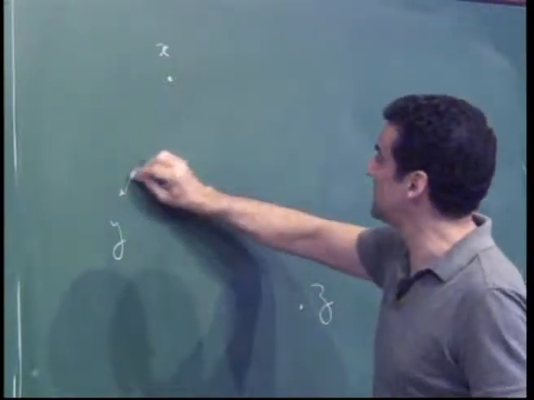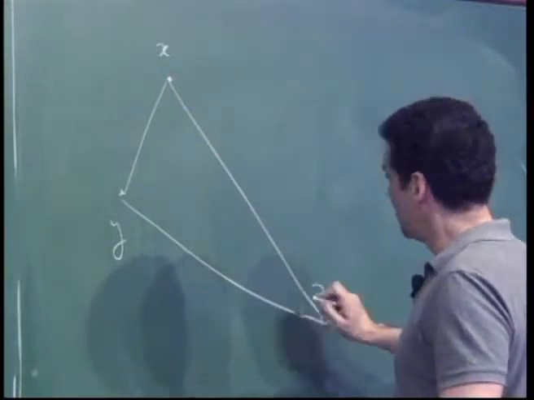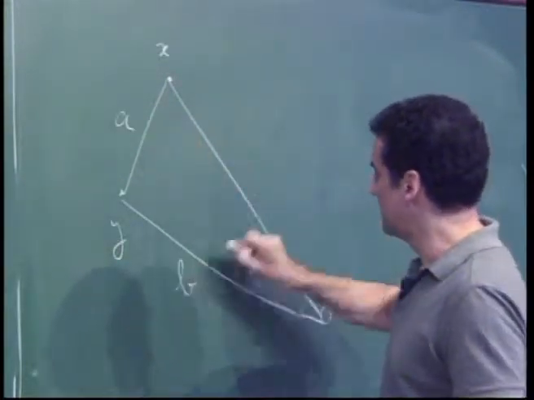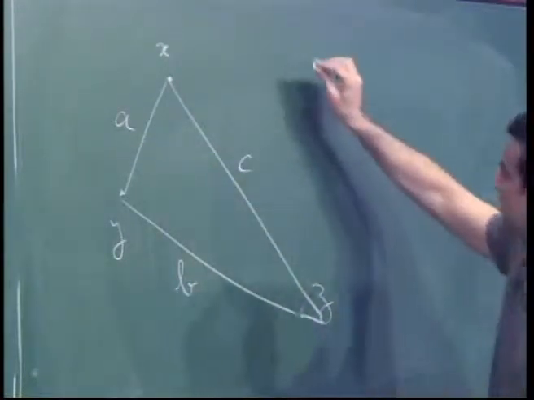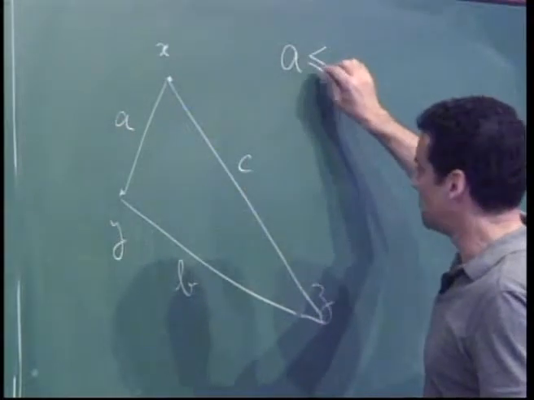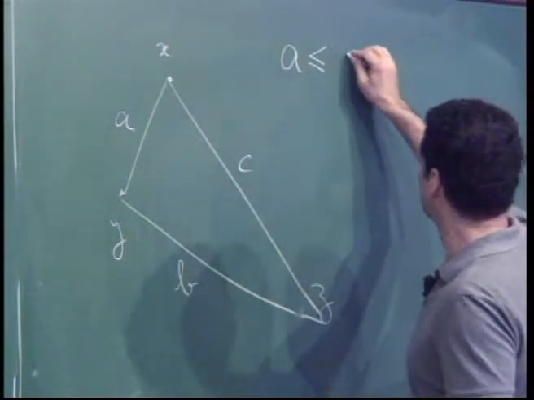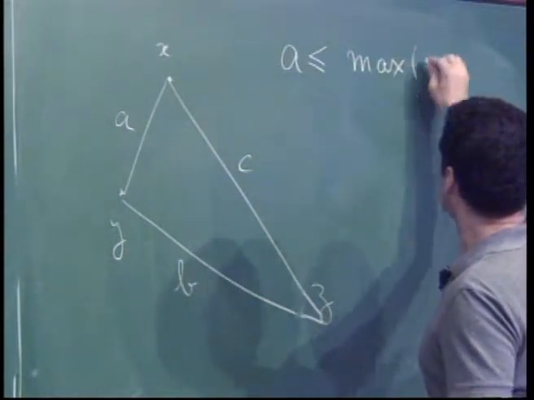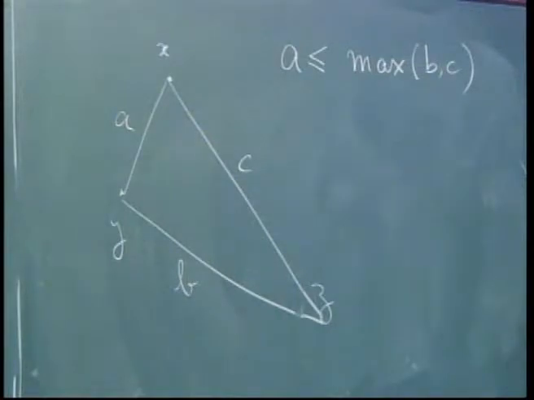Okay, so I have 3 distances. Say, I don't know, A, B, C. And I know now that A is smaller than the max of B and C. In my picture, it's okay. Right?